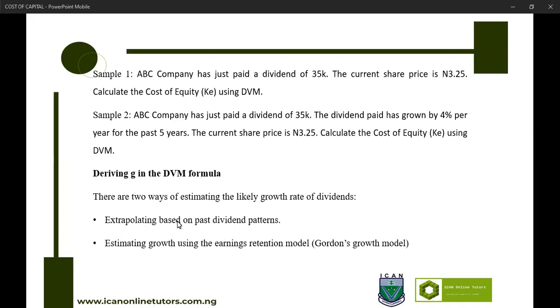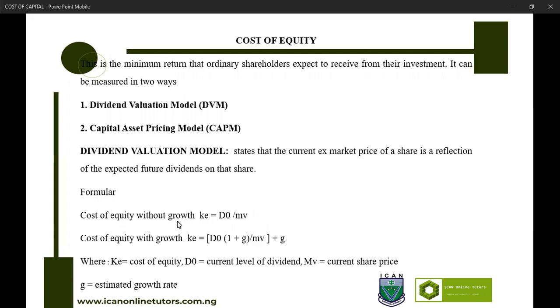In this question, out of these two methods under the dividend valuation model, what we can only use here is without growth. That is, the cost of equity will be your current dividend divided by the market value of equity. Please take note of this. The market value of equity that we are using will be ex dividend, that is excluding dividend.